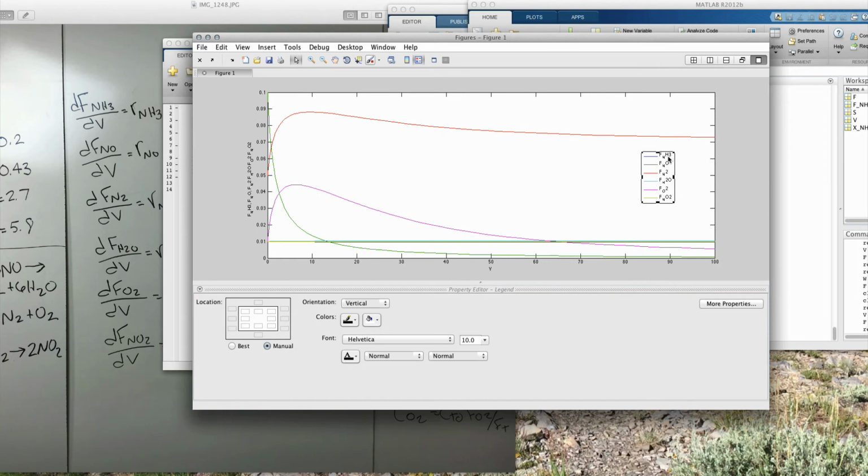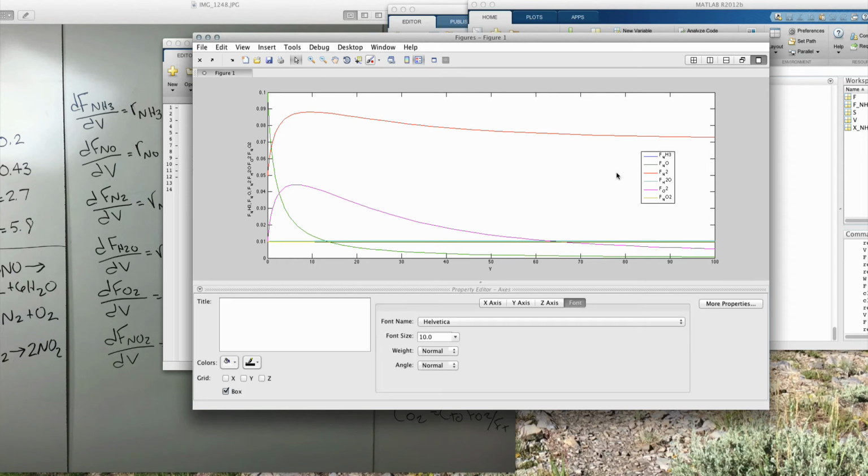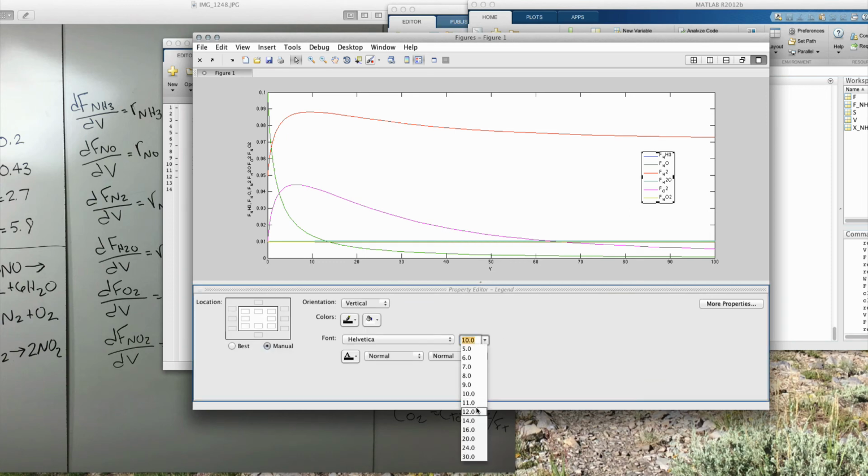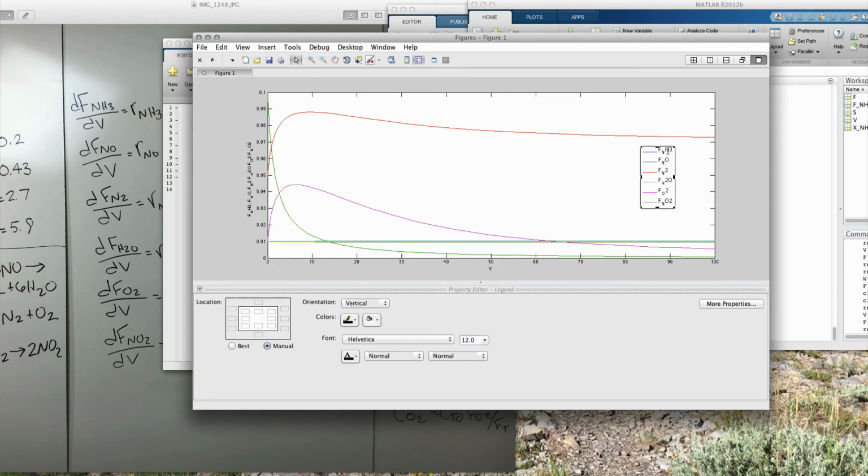This is one thing I really like about Matlab, is you can make your plots look really good and professional. So it kind of bugs me how these came out, so I want to show you how, if I was editing this plot for, I don't know, like a paper or even an assignment, you just want your stuff to look nice.